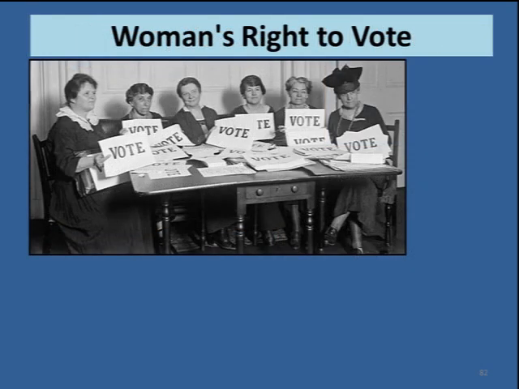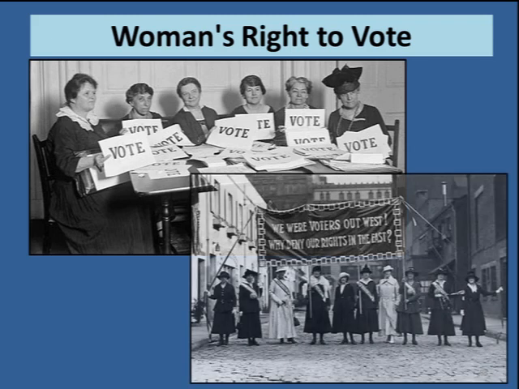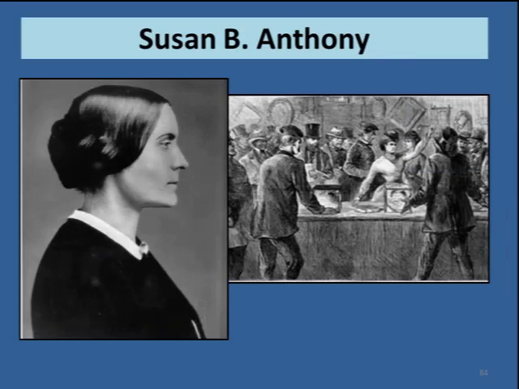Women were another group who could not originally vote. By 1838, only one state allowed all women to vote. A few other states allowed some women to vote, but activists wanted all women in every state to have the right to vote. Susan B. Anthony was one of the most famous activists at this time.